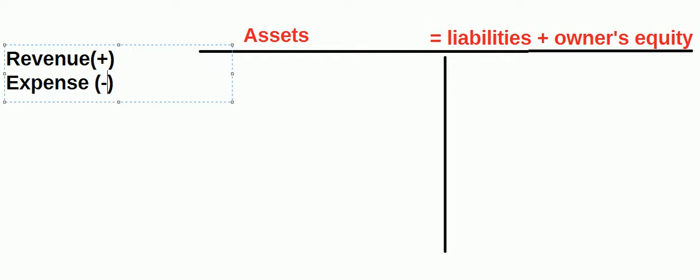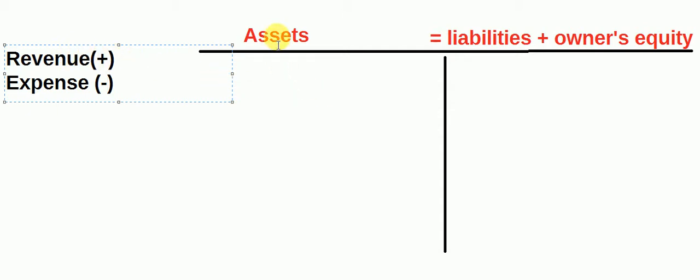Transaction goes like this. On January 10th, receive cash from sales $1,100. Okay? So as we know, cash is first. What is cash?